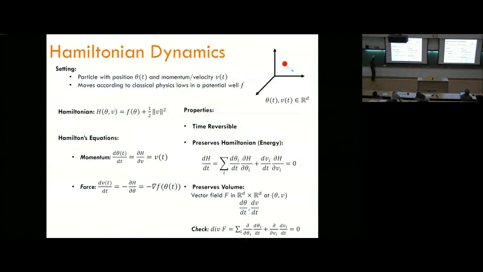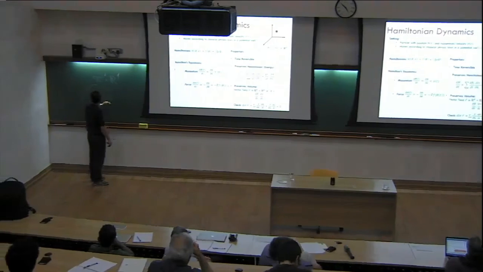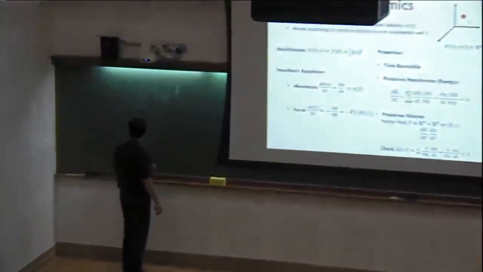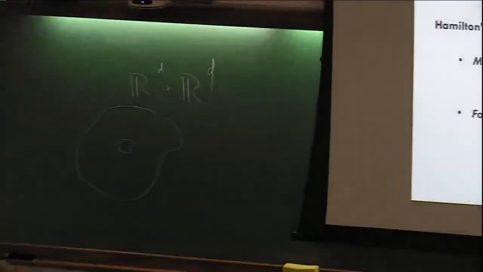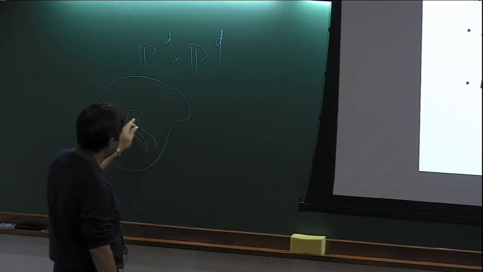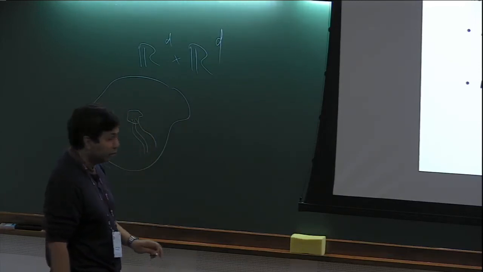So what this is saying is the following. The particle lives in R^d cross R^d, which is this space, and you look at some volume element in this. And here is what you do. You take each point and you move it according to the Hamiltonian dynamics for the same amount of time for each of these.